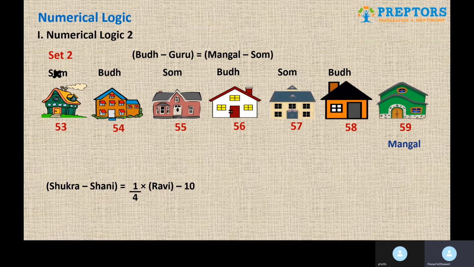Through this, we can get Ravi's room number. How? It is Ravi divided by 4. That means we have to find a room number which is completely divisible by 4. In this range, there is only one value which is completely divisible by 4, that is 56.